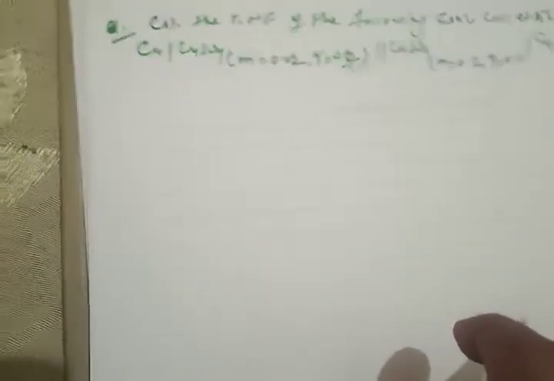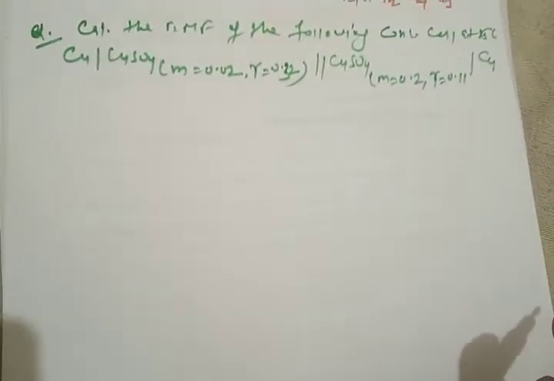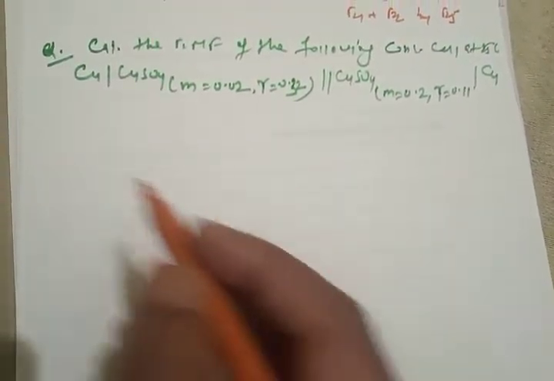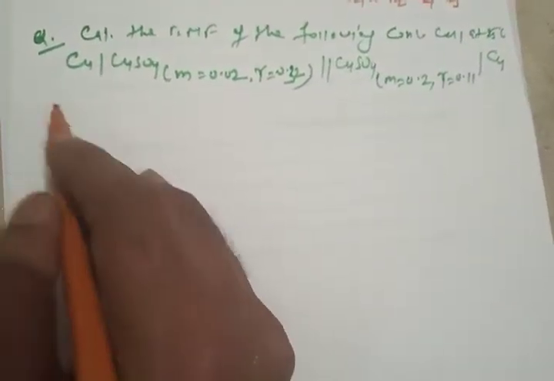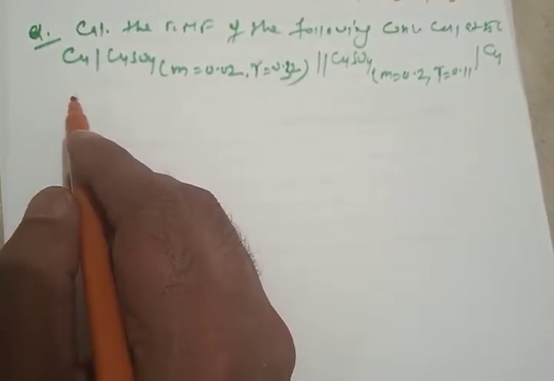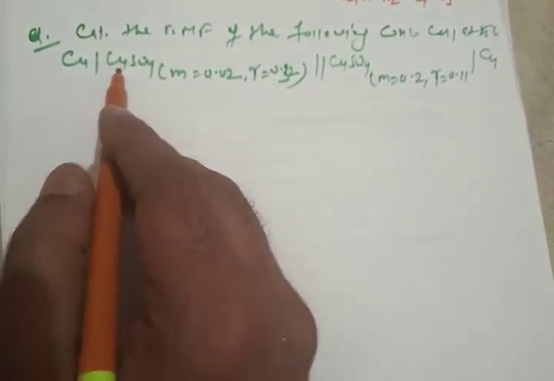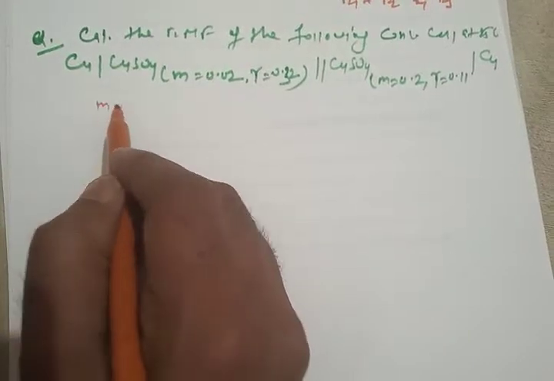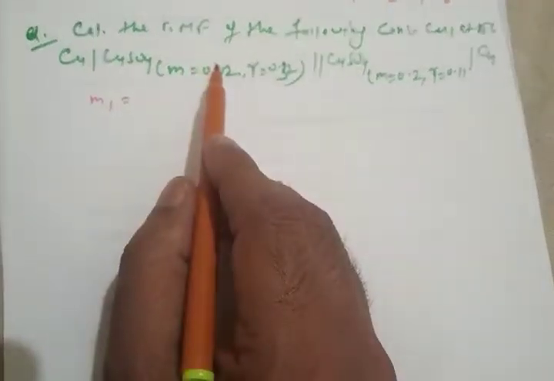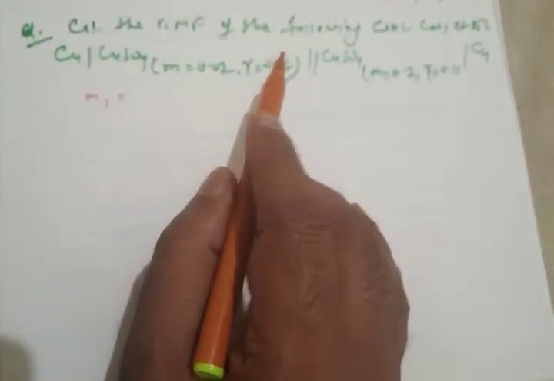So this was the question which I asked you, and let's solve this problem. So what is given to you is m gamma and m gamma.